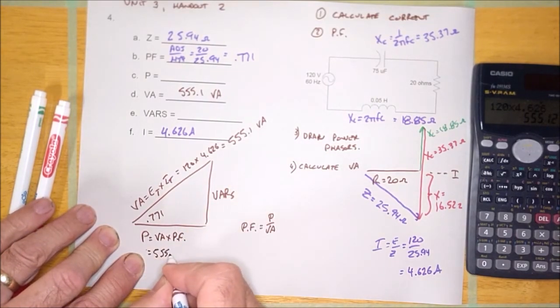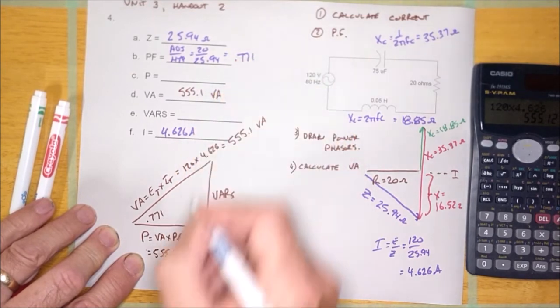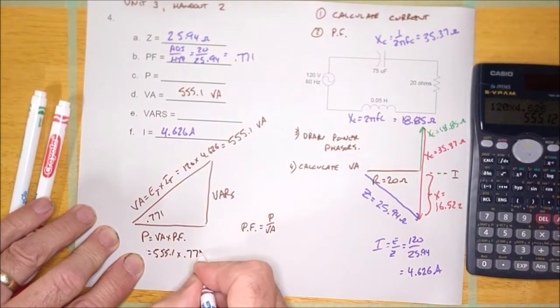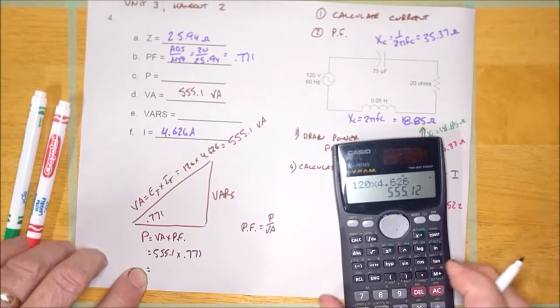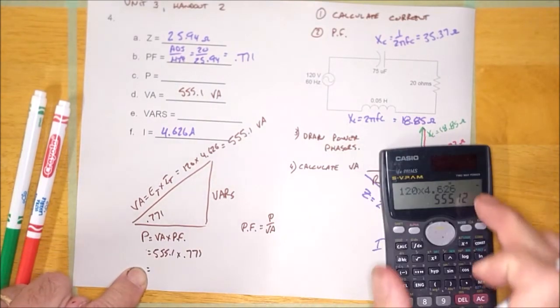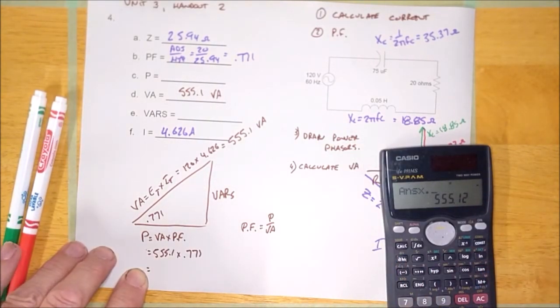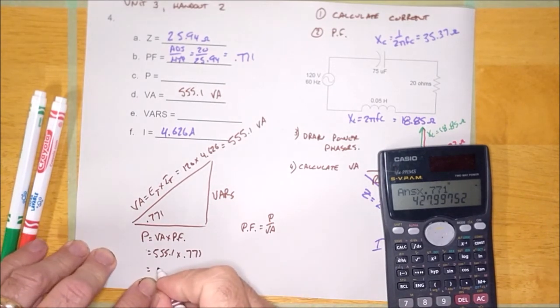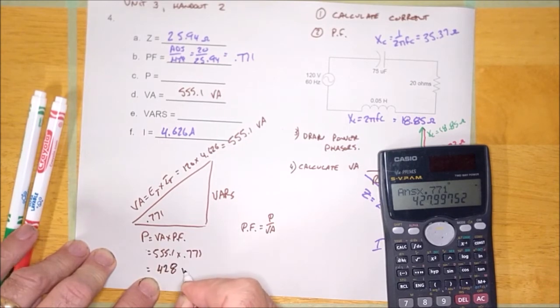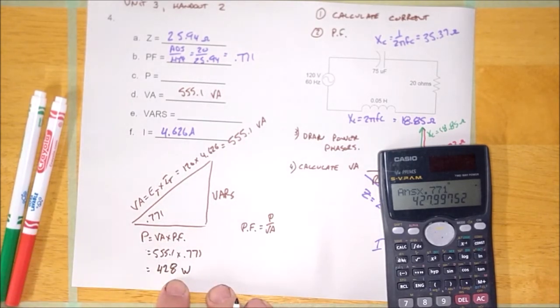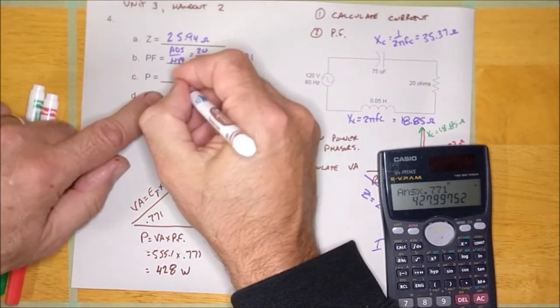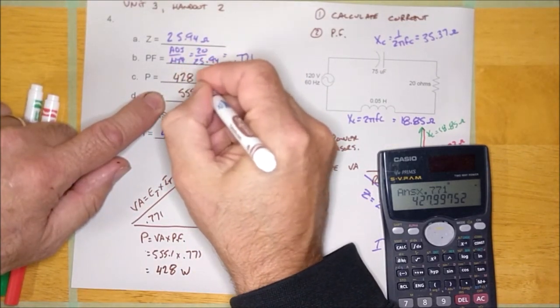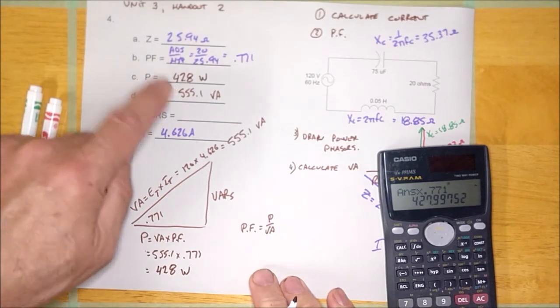It's 555.1. Power factor is 0.771. And I'm going to calculate that right now. Look, it's already in my calculator. Times 0.771 equals, looks like my true power for this circuit is 428 watts. All right, guys.